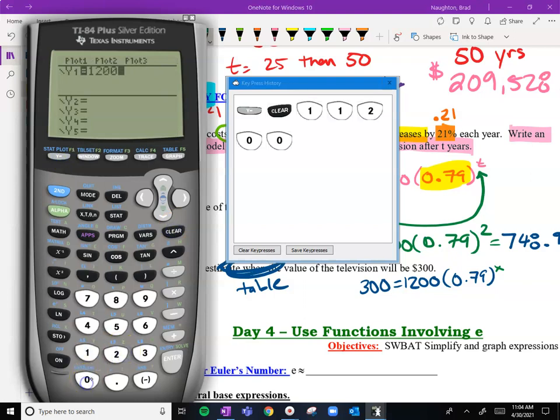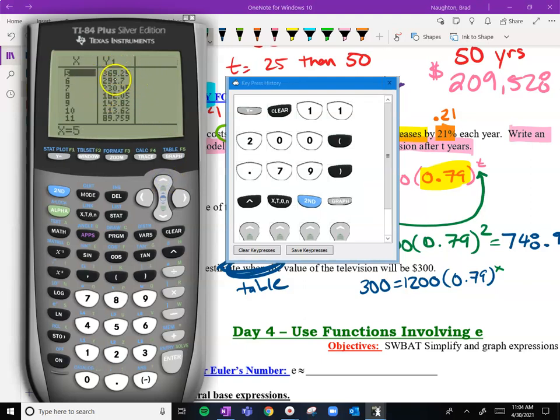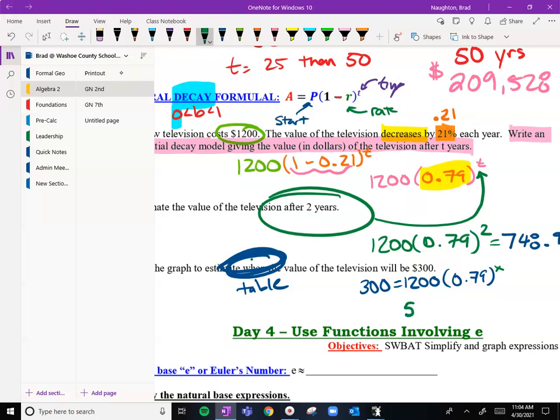So 1,200, notice I'm not going to put the 300 in there, parentheses 0.79, and then to the x. Hit second and then table. So we want to know when it's 300. So I'm going to find out when the y is 300. So it looks to be right around this area. So we're going to say 5 to 6 years because we took the y part.